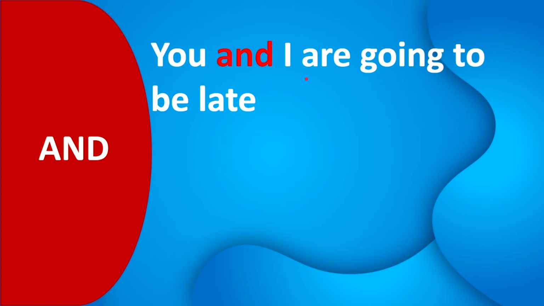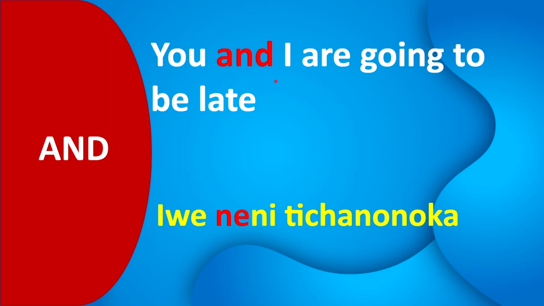You and I are going to be late. In this case, we are using the pronouns you and I. The Shona translation becomes iwe neni tichanonoka. Iwe, that's you. I, in Shona, is ini. But when we say and I, it's iwe neni. So now and is translated to ne, and becomes the prefix of the word ini.